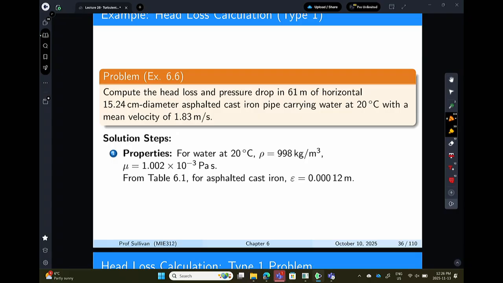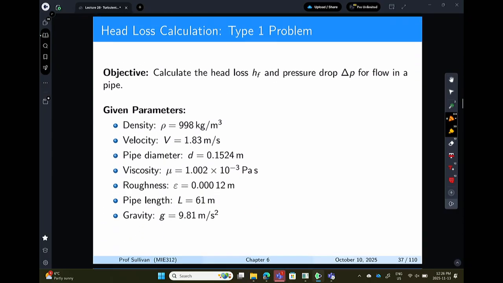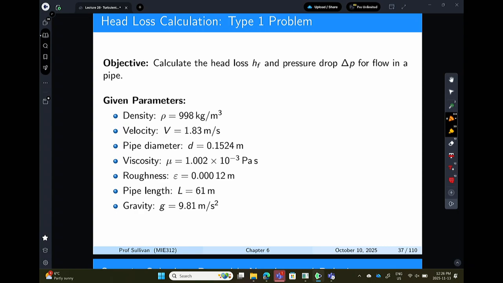And if you go back to that table that I showed you 4 or 5 slides ago, you also have an epsilon of 0.00012 meters. So we have all the terms, we're given all those parameters.